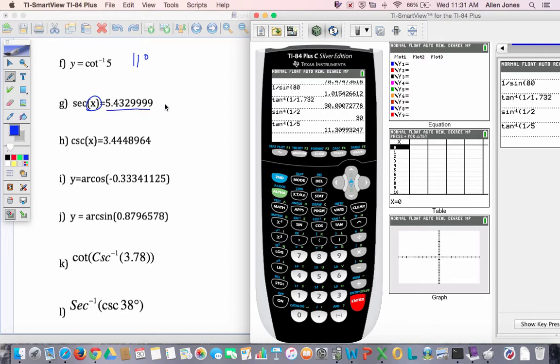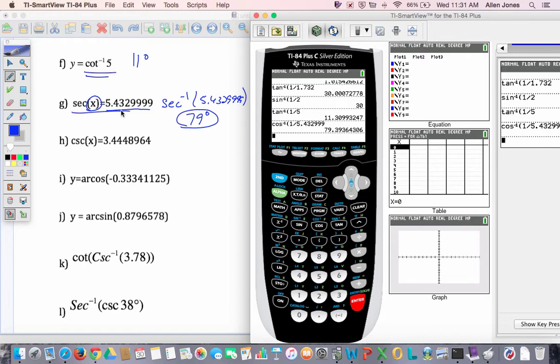The secant of x, notice that x is our angle, so 5.43299 is our ratio, or in other words, we have the inverse secant of 5.4329999 here, and we type that in as the inverse cosine of 1 divided by 5.4329999, and that gives us an angle of about 79 degrees.